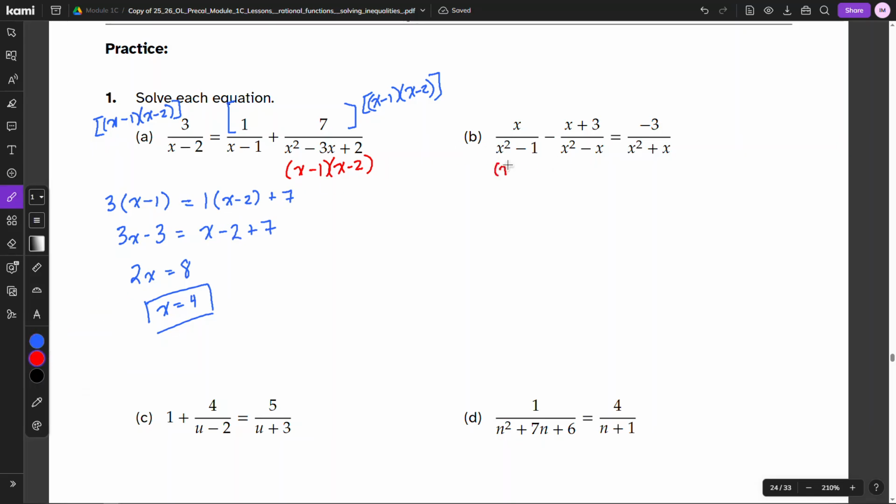So this one will be x plus 1, x minus 1, if I could write neatly. This one would be x times x minus 1, and this one would be x times x plus 1.